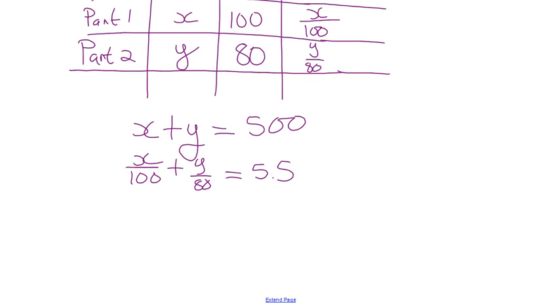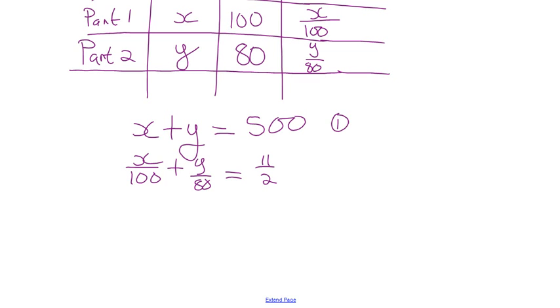Well, I said the wrong word. Let's say we write this as 11 over 2. It's the lowest common multiple, probably 400, right? So what's that going to do?